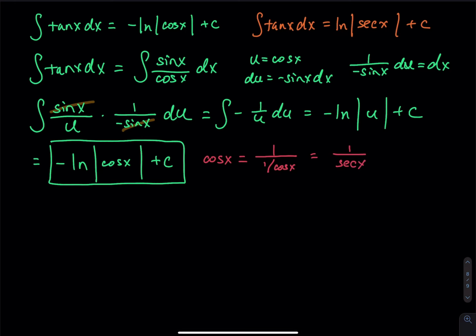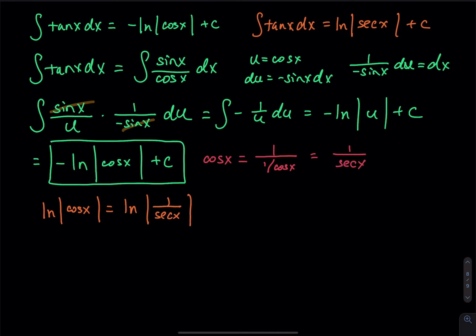So for the cosine in the absolute value, I don't want to play with the negative sign right now. If you have ln absolute value of cosine x, I can rewrite that as ln absolute value of 1 over secant x.